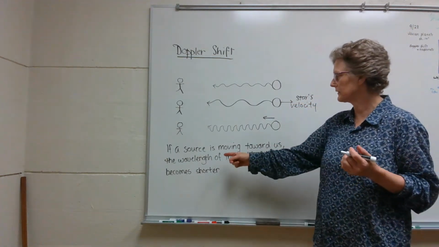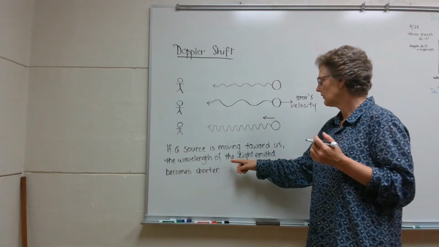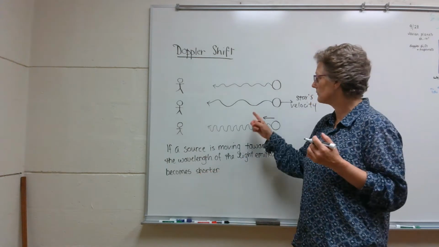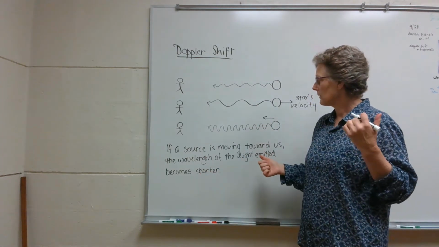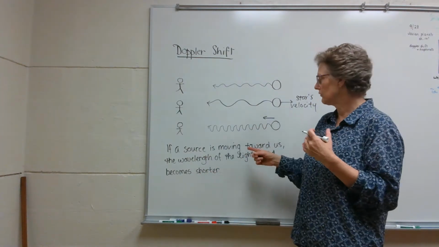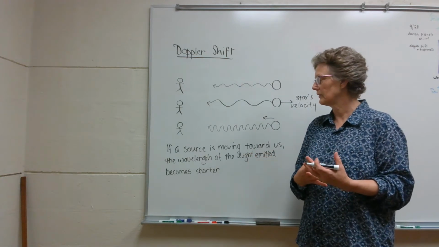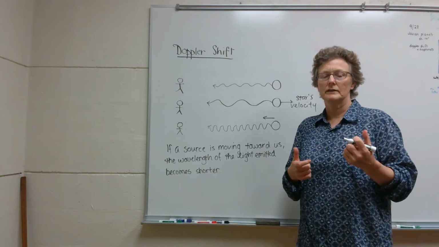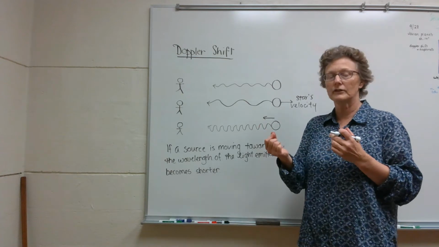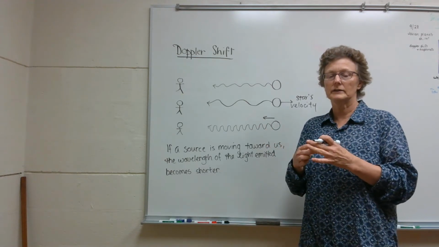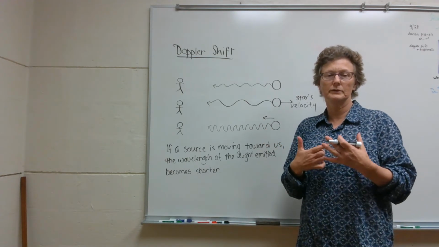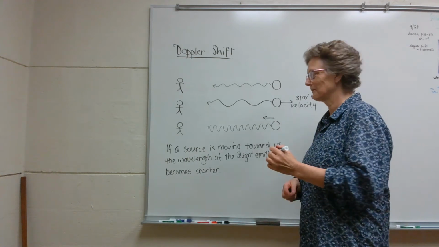And vice versa. If a source is moving away from us, the wavelength of the light emitted becomes longer. But a shorter wavelength means that the light of that particular wavelength is actually moved towards the blue end of the spectrum.